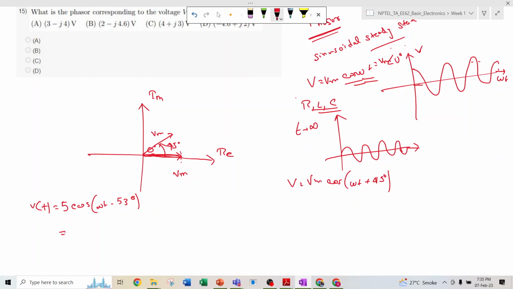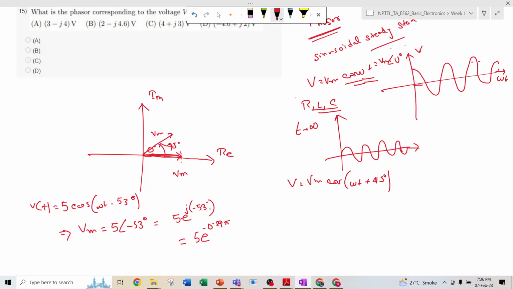So here, that means this can be represented as V equal to 5 at an angle of minus 53 degree, which is nothing but 5 e to the power j theta, meaning minus 53 degree. Minus 53 degree can be written as minus 0.29 pi.